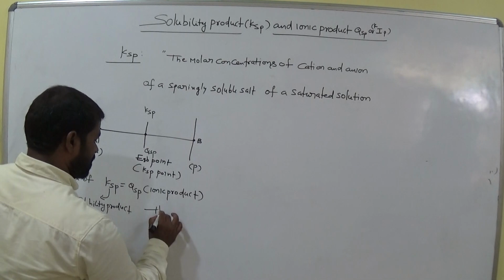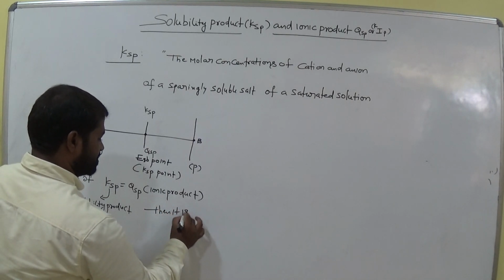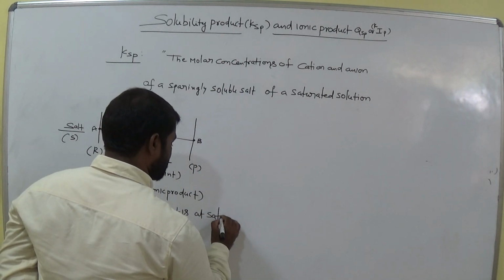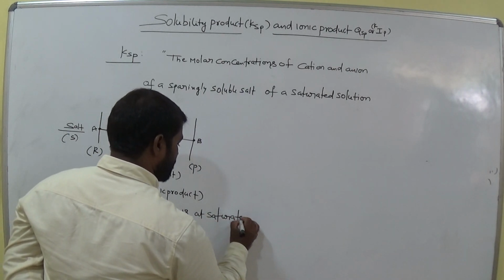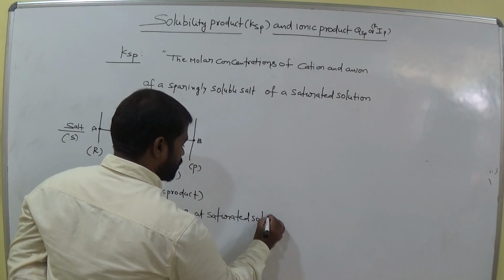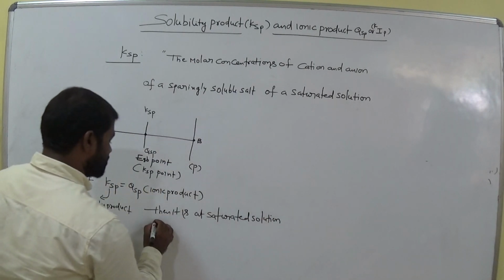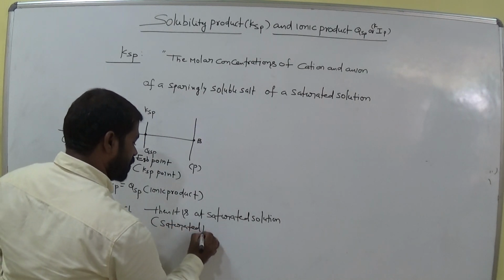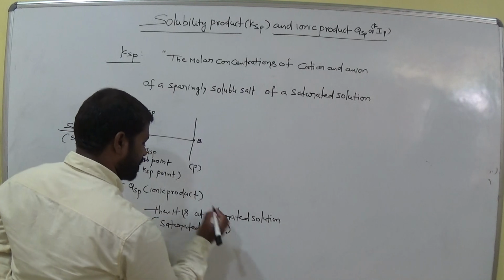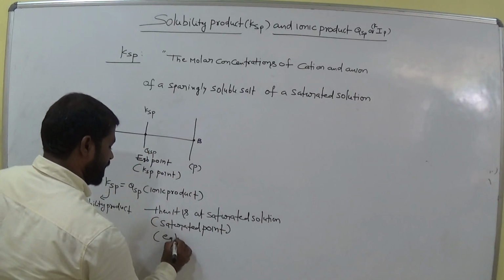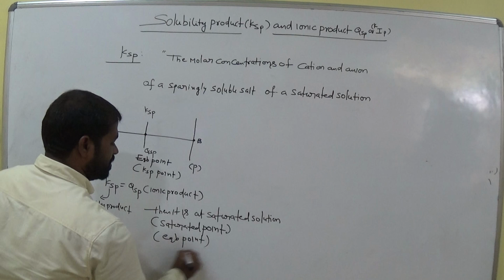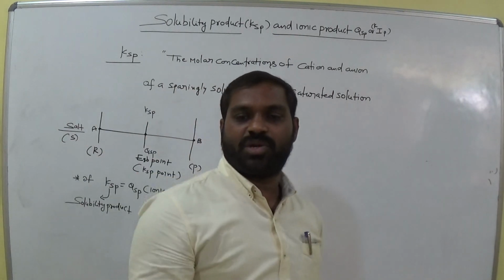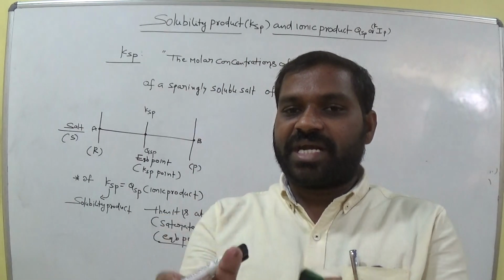If KSP equals QSP, then it is called a saturated solution or saturated point, that means equilibrium state or equilibrium point. If QSP equals KSP, the solution is called a saturated solution.